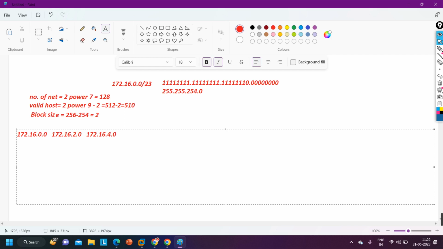Fourth network 172.16.6.0. Then 172.16.8.0. Then 172.16.10.0. Like this, the last network will be what?